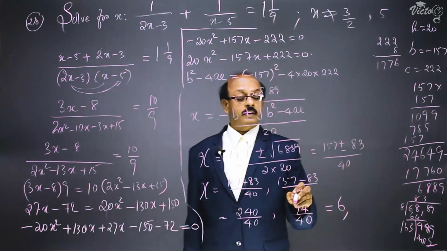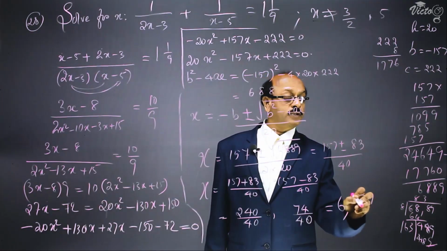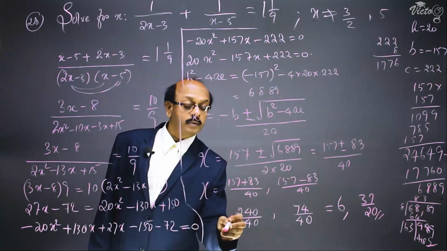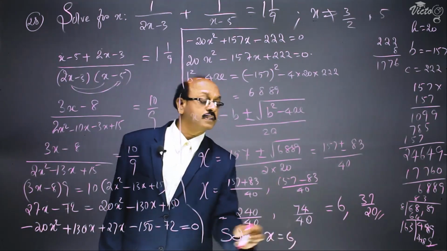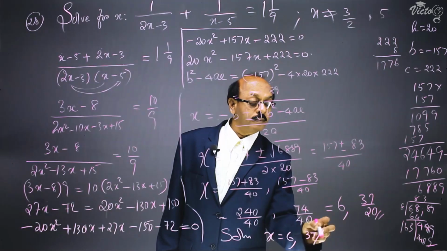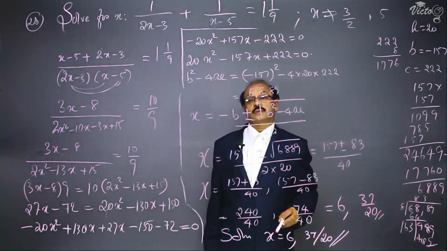Here we can divide 74 by 40 by 2, giving 37 by 20. Therefore, the solution is x equal to 6 or 37 by 20. These are the two values of x.